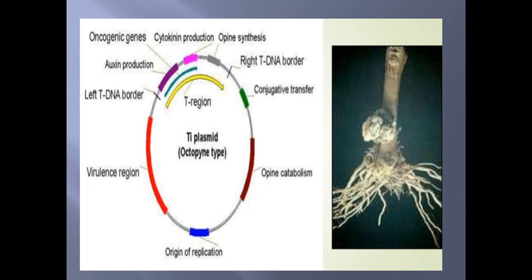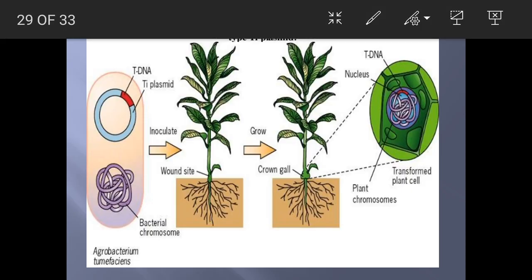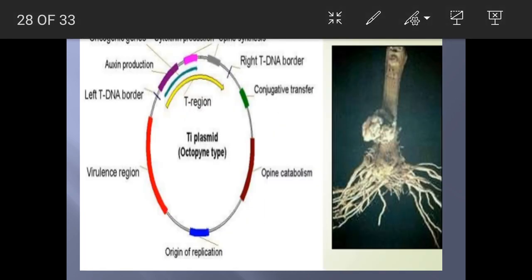So coming to the plasmid that is present in the Agrobacterium. This is the structure of the plasmid. You can find here the gall or the tumor that is formed on the plant, and this is the plasmid, which is nothing but DNA. The plasmid has many regions. Especially, we are going to find what regions are present in this DNA.